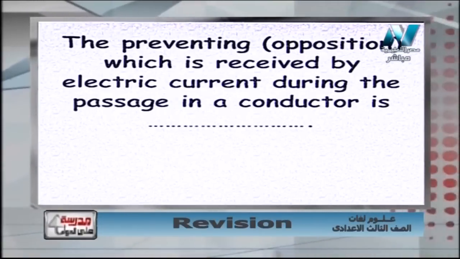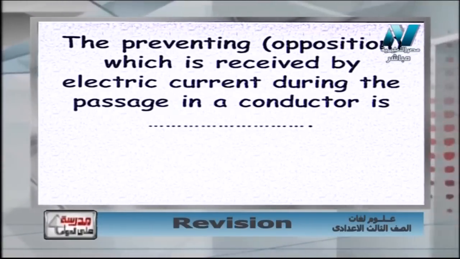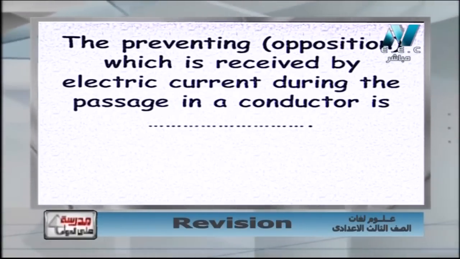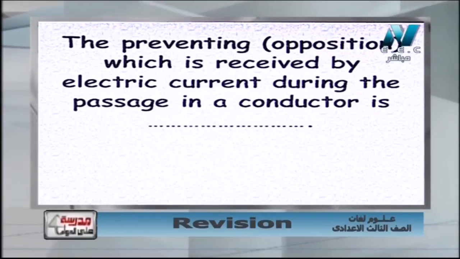Okay? The prevention or the opposition which is received by the electric current during the passage in a conductor is what?